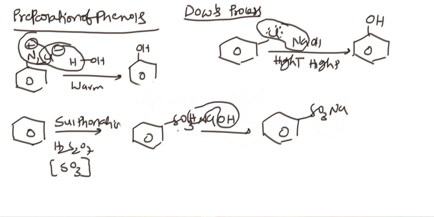And this is sulfonic acid, acidic in nature, so a strong acid. NaOH is also a strong base. Between the acid base reaction, it forms a salt and the byproduct is water. Here SO3Na is forming. After that, once again you add NaOH, and Na2SO3 is eliminated.